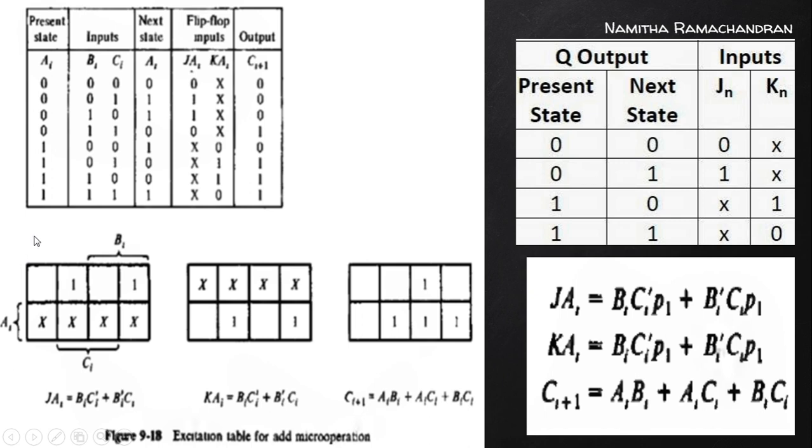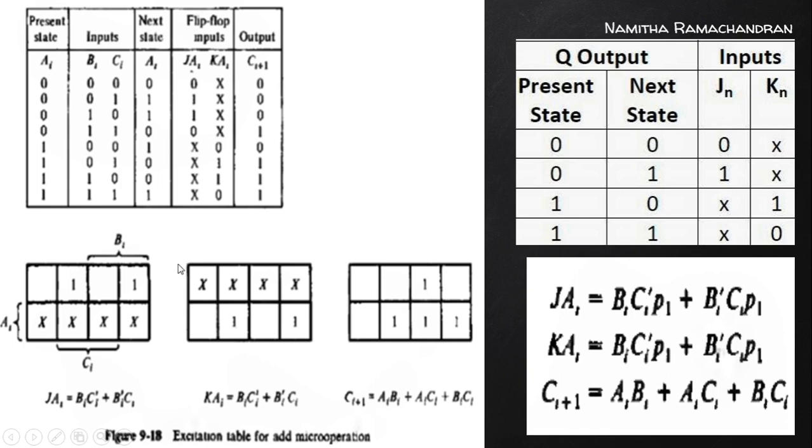AI, this is BI CI, right? While considering this particular case, this is BI CI complement and this one is BI complement CI. Okay, this one is BI CI complement and this one is BI complement CI.